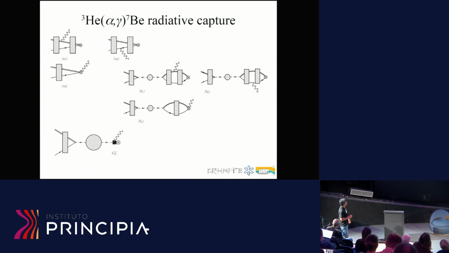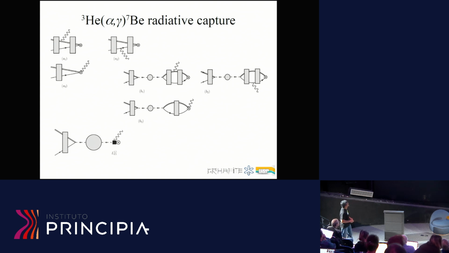And these diagrams of type B are the ones that include initial state interactions. And for this capture, this initial state interaction is more relevant. And even more, for renormalization issues, we have to introduce two-body currents at leading order.